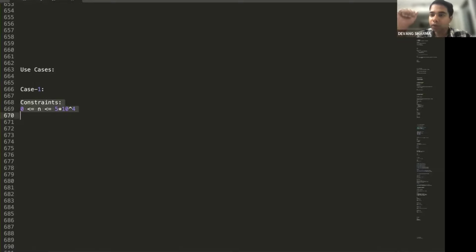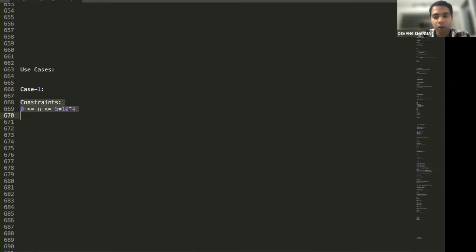I hope everybody has seen those constraints, by the way. Whenever you solve any question, irrespective of any platform, LeetCode, HackerRank, HackerEarth, there would be something called a constraint. That is what will tell you against which range of values your test cases will be there. So you wrote a certain piece of code, but what exactly is the range of test cases against which your code will be tested? That is what this constraint is.